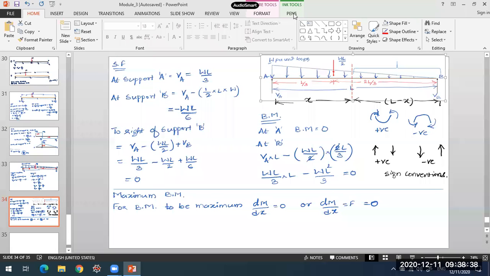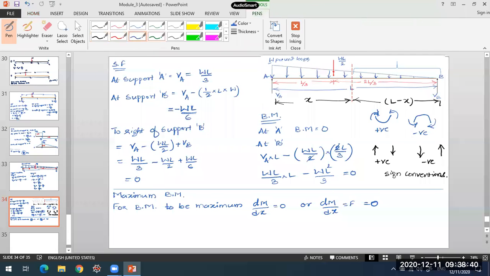Now, the section is over here at a distance x from A, or I can say it is at a distance L minus x from point B. So this is the section. Now I'll take all the forces to the right side of this section and apply the proper sign convention. So let us see how we get the shear force value over here.